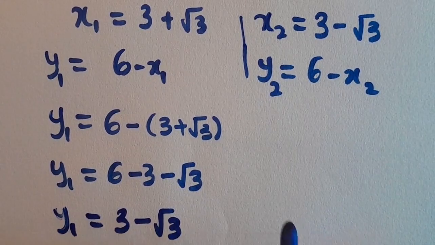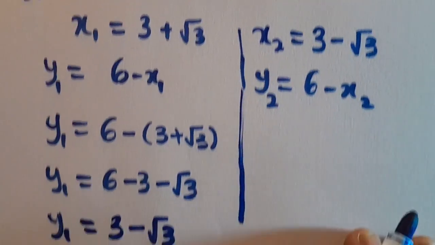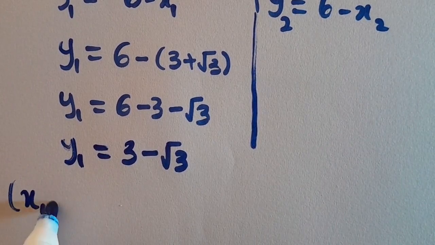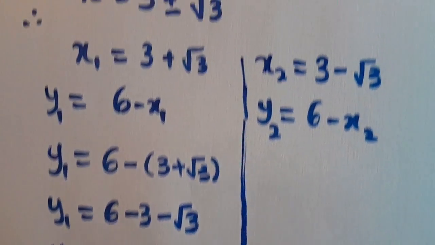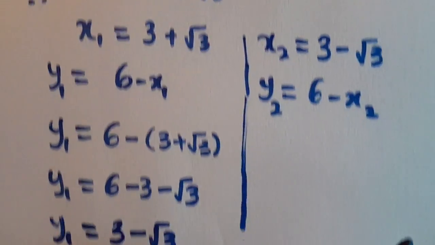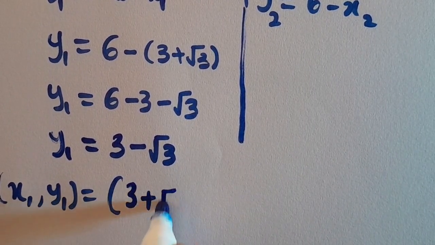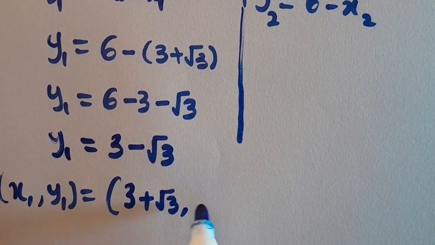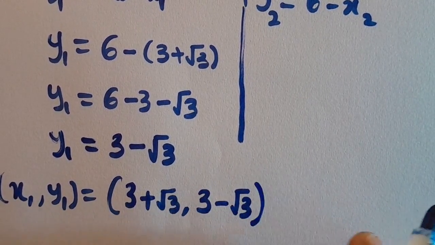So we can now have x1 comma y1 equals our x1 equals 3 plus root 3, then our y1 equals 3 minus root 3.